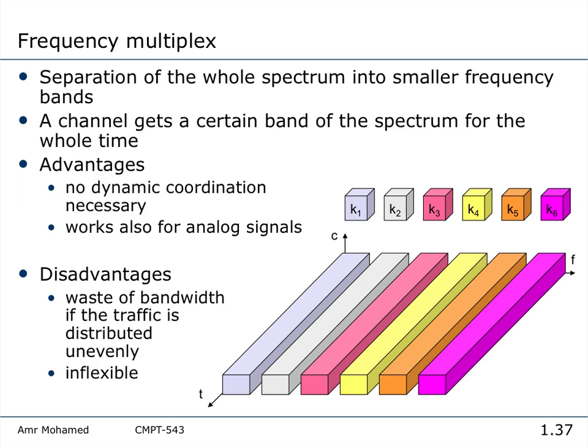So the channel gets certain bands of the spectrum for the whole time. So a user can have the shared channel all the time, right? But using the concept of broadband communication, this user will have to use a limited or certain frequency range.